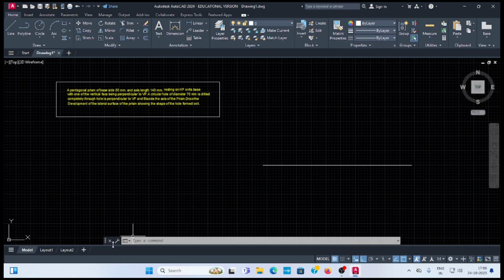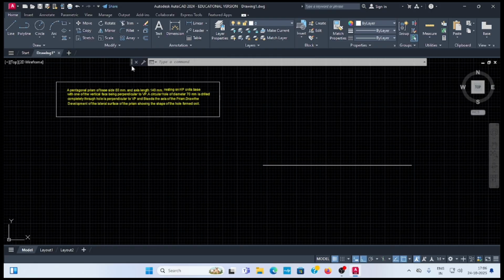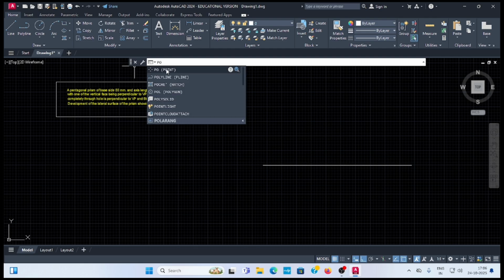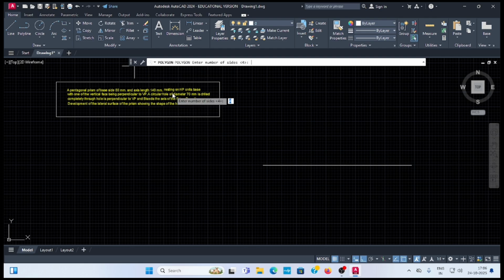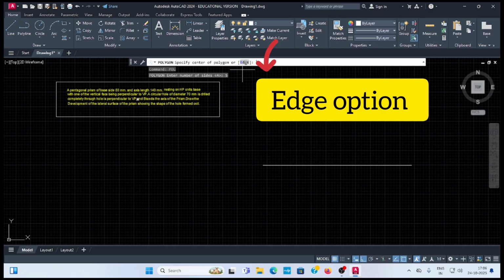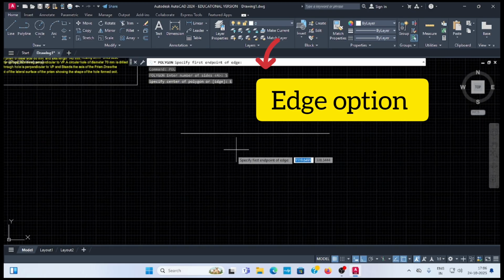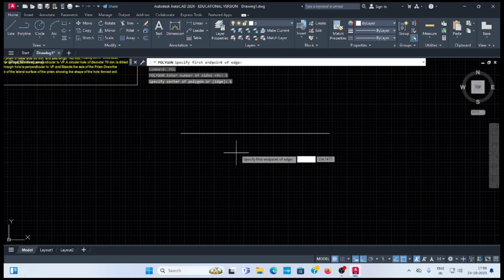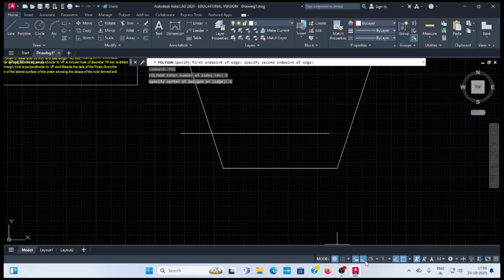In the command bar you have to type polygon. Number of sides: it is a pentagon, so 5, enter. Next, select the edge option and keep the cursor below the reference line, click somewhere, and ensure that ortho mode is on.